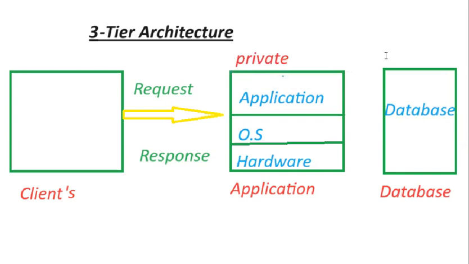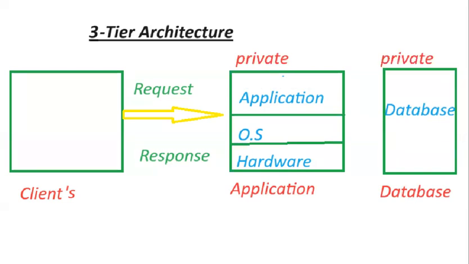For the database layer, since the application is requesting my database layer, is there any need for me to provide my database layer in public? No, right? I can put my database layer in private. Even if my database layer is in private, I can connect my application layer with my database layer directly.